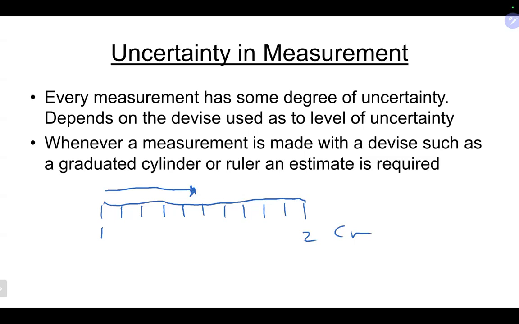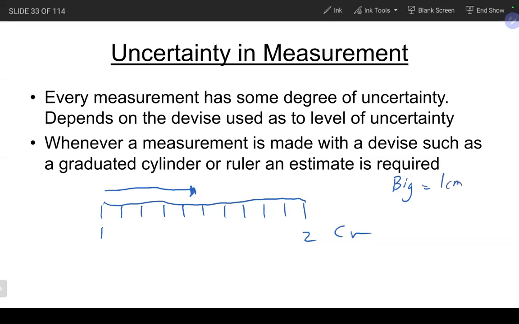When we look at this ruler, we have 1 centimeter and then we have 2 centimeters. There are usually larger markings on it, and in this particular case, the big markings represent 1 centimeter.